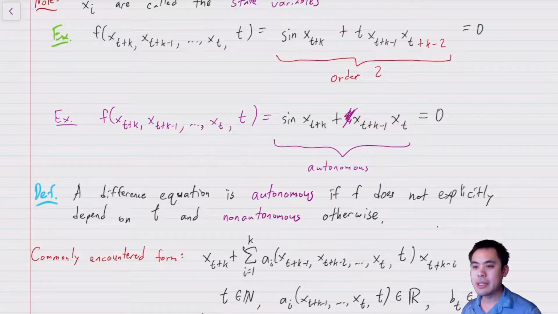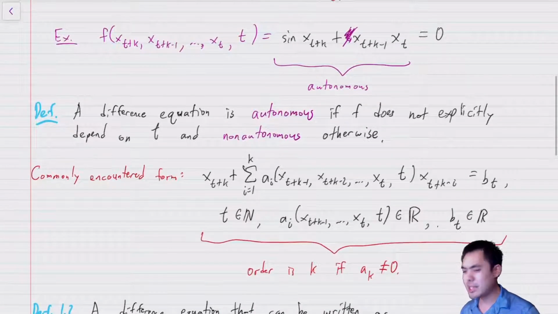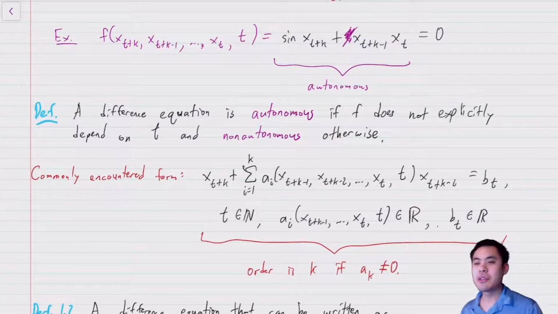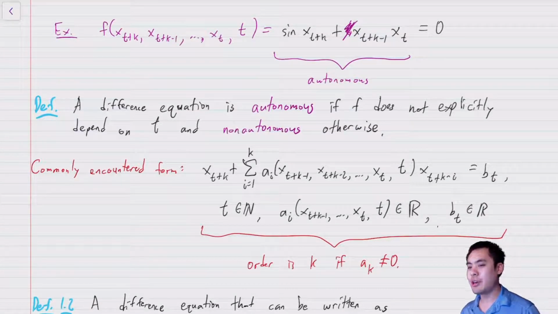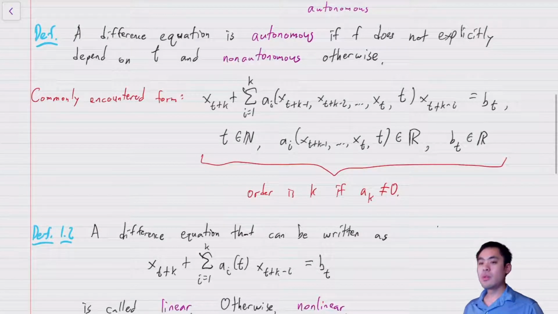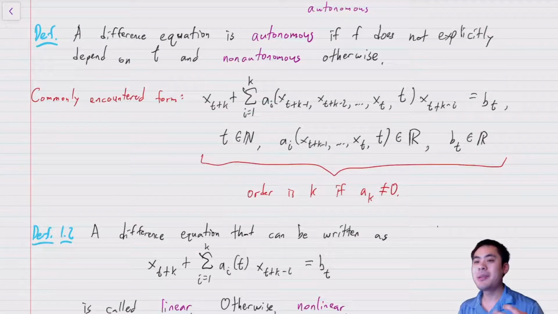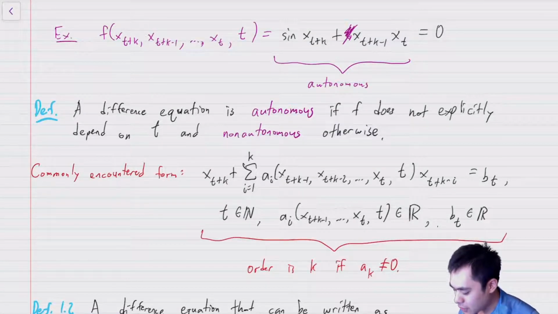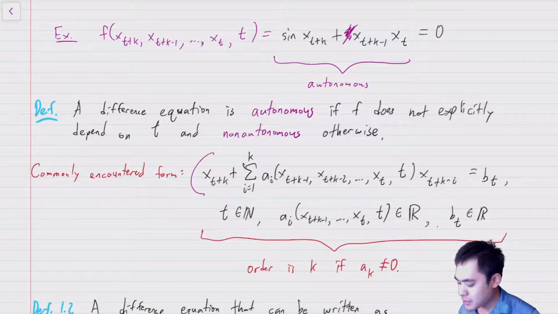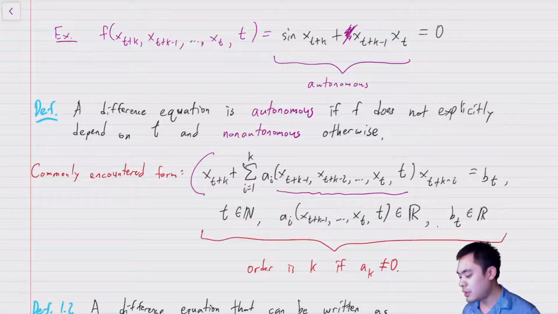Okay, so now those are all pretty general forms of difference equations. And it turns out that solving a completely general difference equation, even if it's autonomous or of a known order, is actually quite hard. And so often we tend to focus more on a commonly encountered form of a difference equation, where we have x sub t plus k as a term in and of itself, plus the sum of some set of functions a sub i, which can depend on any of the other state variables x sub t plus k minus 1 through x sub t, or the time variable t.